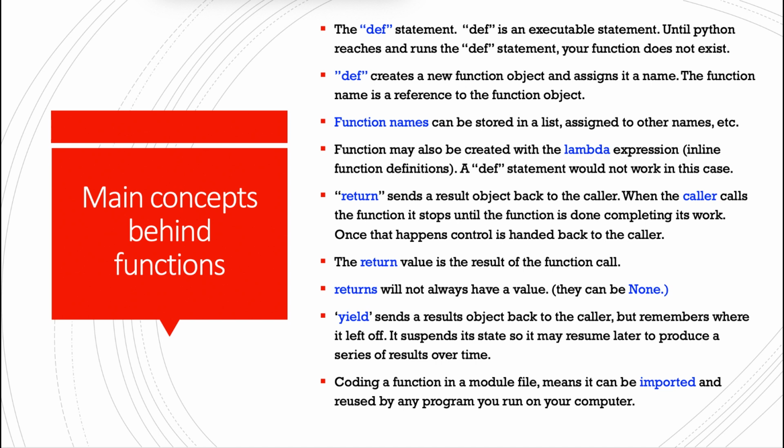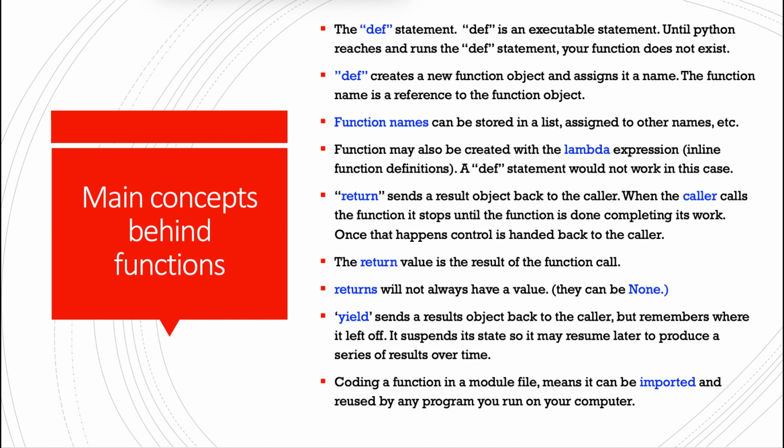The return statement sends a result object back to the caller. When the caller calls the function, it stops until the function is done completing its work. Once that happens, control is handed back to the caller. The return value is the result of the function call. Returns will not always have a value. They can be set to None.